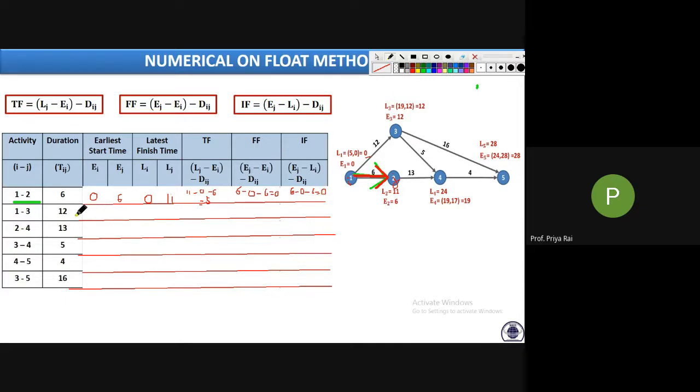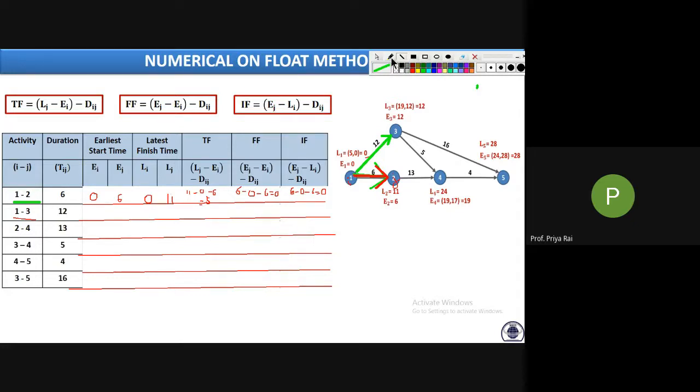Now tell me, in this case, what is Ei? The activity is 1 to 3. This is i, this is j.